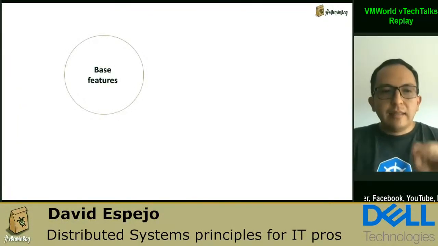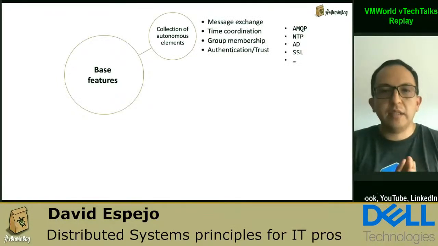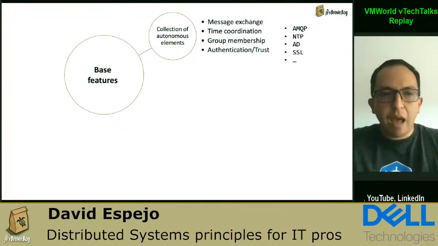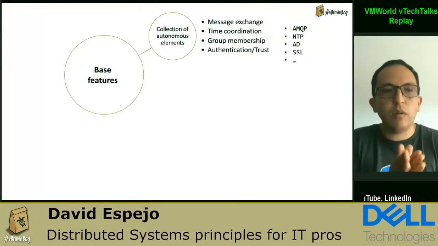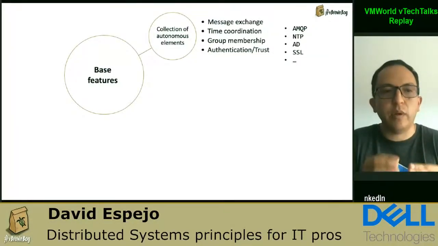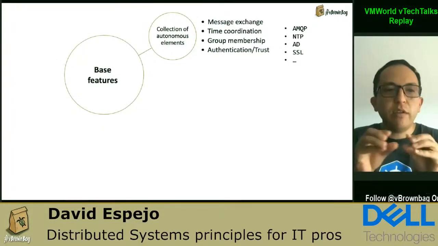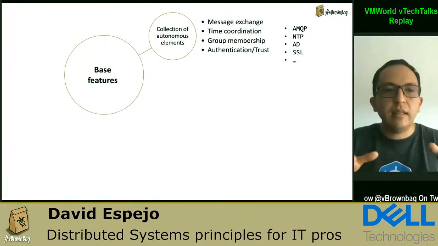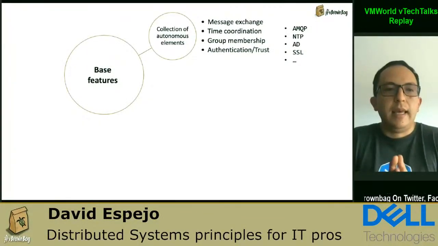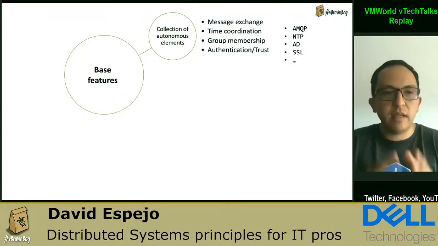Well, so let's dive a little deeper on the base features. First of all, a collection of autonomous elements. If you have several elements, they will need a way to communicate with each other, to exchange messages between them. And also, if you have different independent components, nodes, or processes, more likely each process will have its own notion of time.